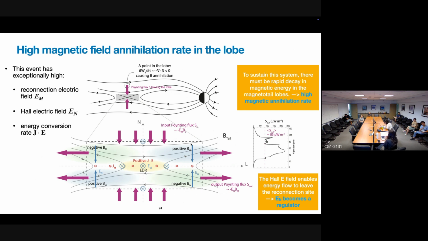To support such a high Poynting flux, we can develop a stronger EN. So you can imagine the stronger EN as a regulator to ship all the incoming energy out to maintain the local reconnection behaving the regular way.